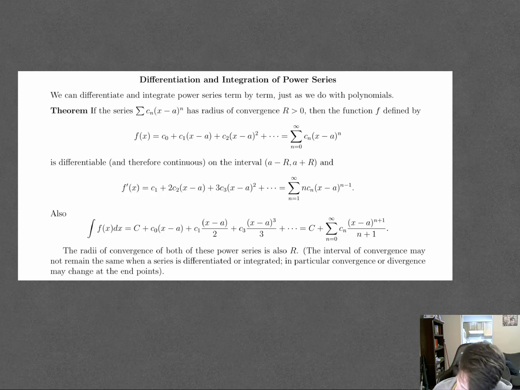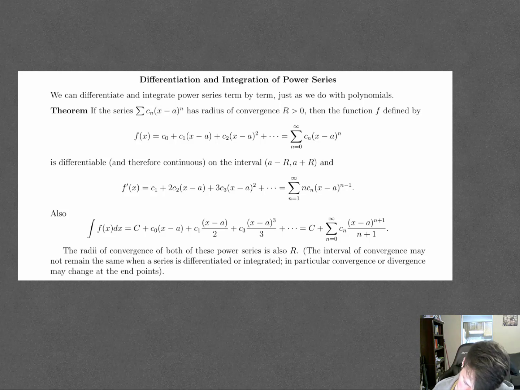This theorem says that if I have the sum of Cn times x minus a to the n, and it converges on an interval centered at a with radius r, so it's a perfectly defined function on an interval around a of radius r, then if I think of it as a function, it is differentiable and therefore continuous on this interval, and the derivative is the sum from n equals 1 to infinity of n Cn times x minus a to the n minus 1.